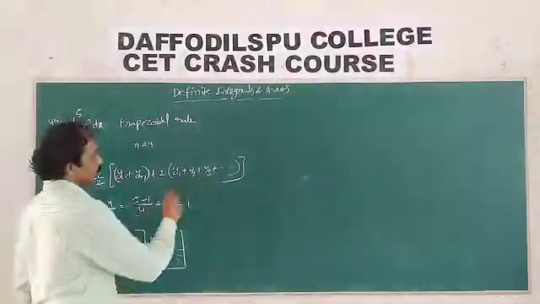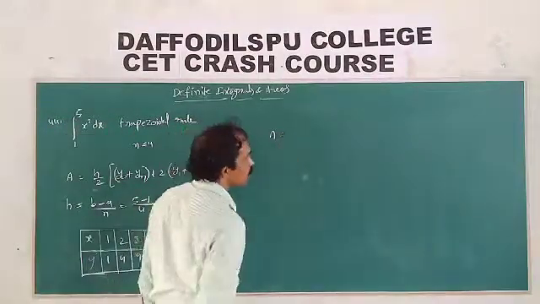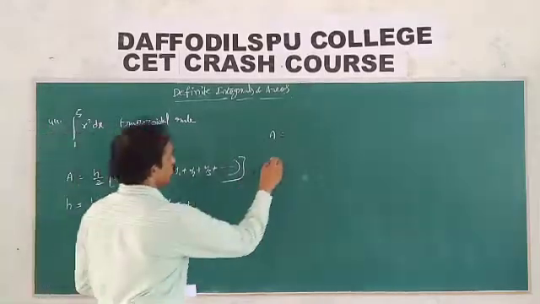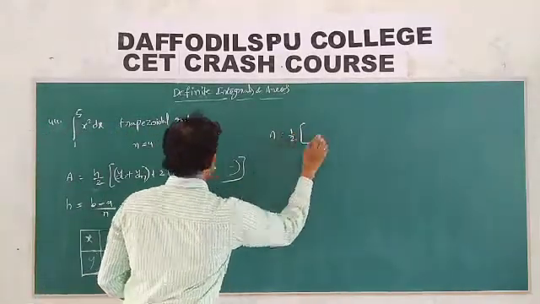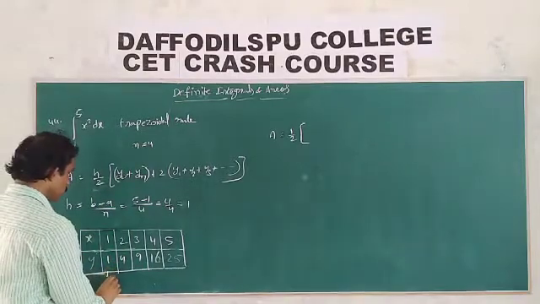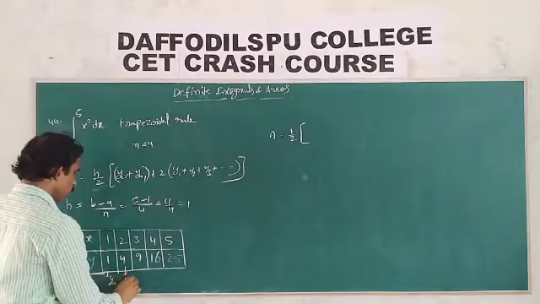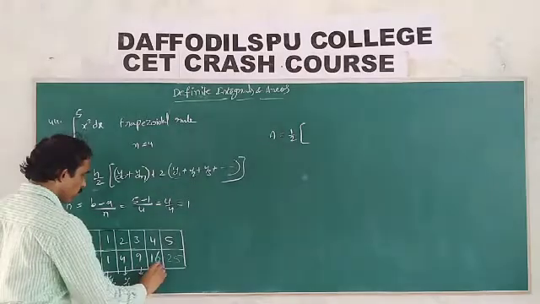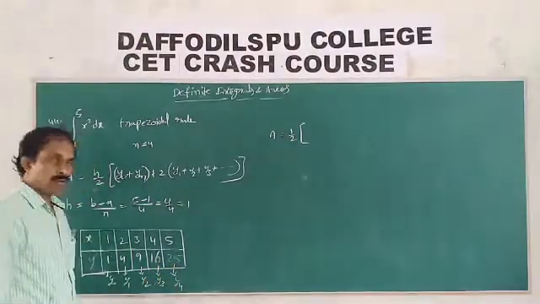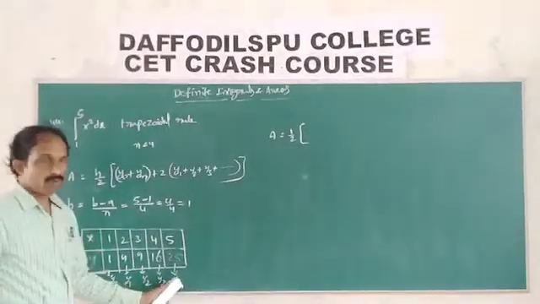So substitute in this one. Therefore, area is equal to h by 2. h means what? 1 by 2. 1 by 2, y naught plus y1, y2, y3, y4. y naught plus the last value yn.